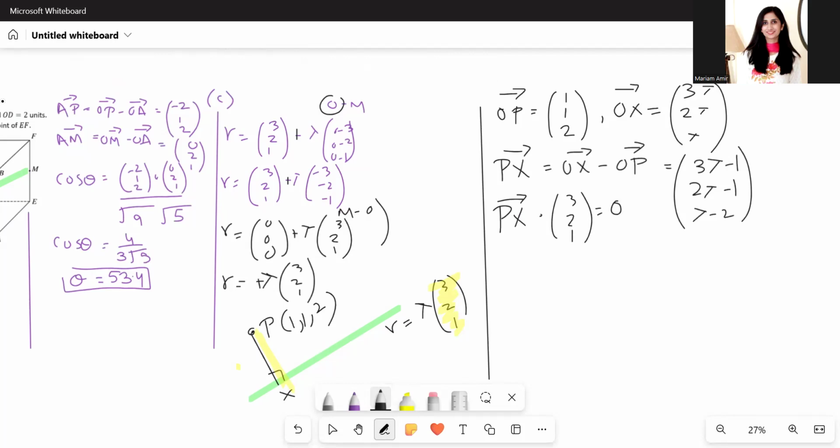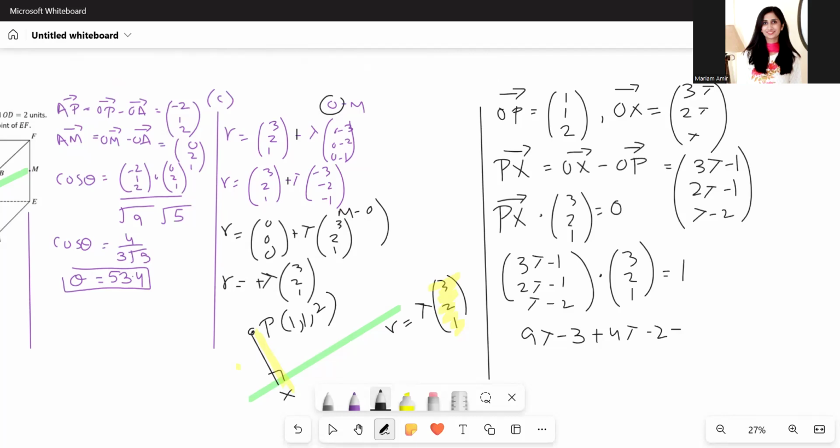So PX dot direction 3, 2, 1 equals 0. So it would be 3 lambda minus 1, 2 lambda minus 1, and lambda minus 2 dot 3, 2, 1 equals 0. So we get 9 lambda minus 3 plus 4 lambda minus 2 plus lambda minus 2 equals 0. Solve this, you will get 14 lambda equals 7.